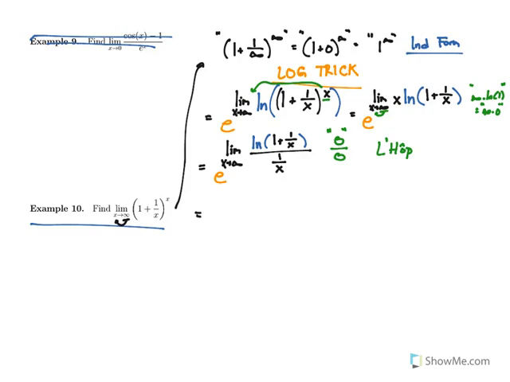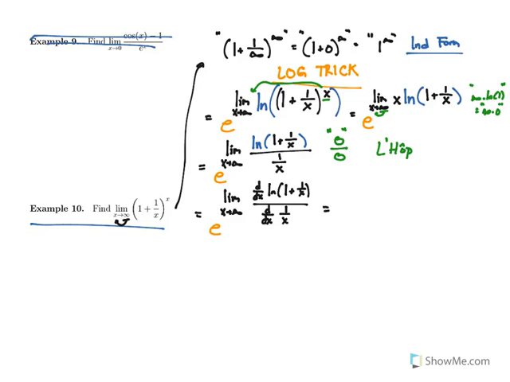So let's do it. This is going to be e to the power of the derivative of the top over the derivative of the bottom.